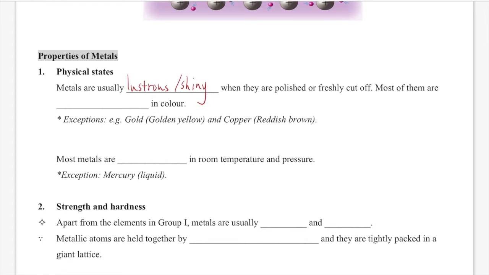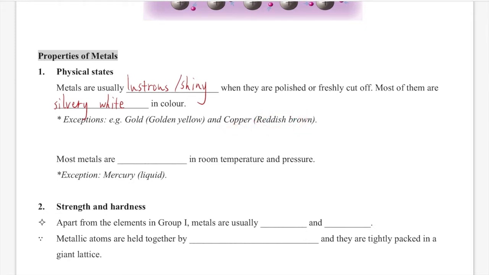But most of them, when you freshly cut them, you will see the shiny surface. Also, most of them are silvery white in color, but we have a few exceptional cases. Gold is golden yellow, and copper is reddish brown in color.